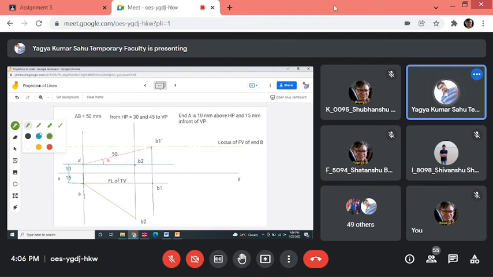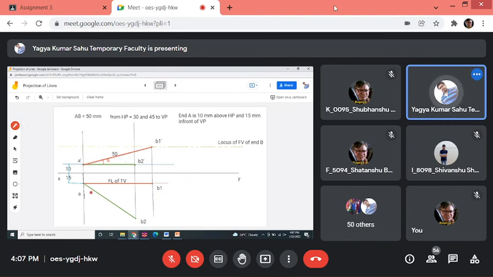Okay, I am using little darker. Okay, this one and this one. And for red, these are, okay. Now it's good. Okay.